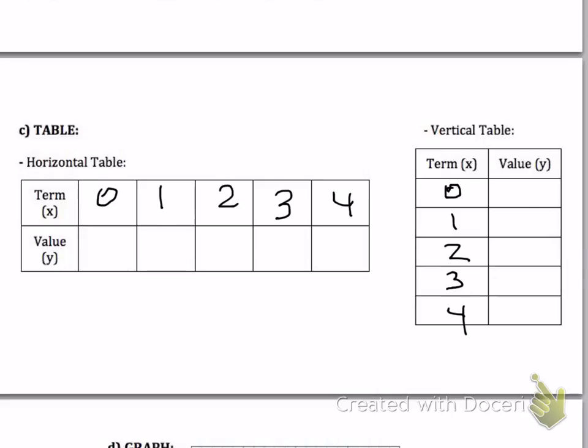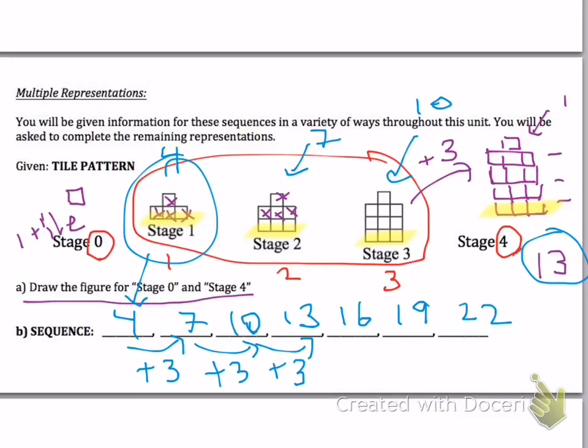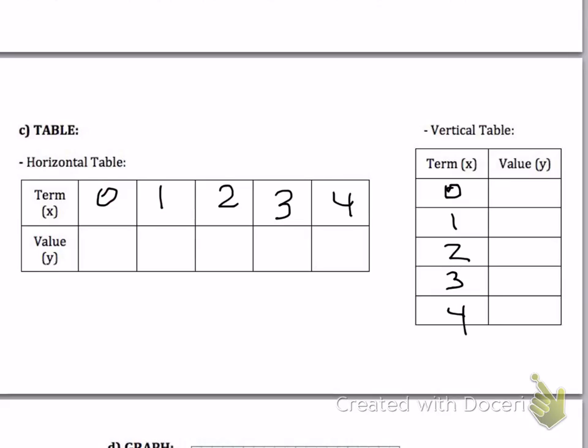So then if we go back to our sequence, we have 4, 7, 10, 13, etc. So I'm going to pull those in. 4. Oops, that was actually wrong. Hold on, where's the eraser? So we have a 4 was term 1. So that's my first in my list.